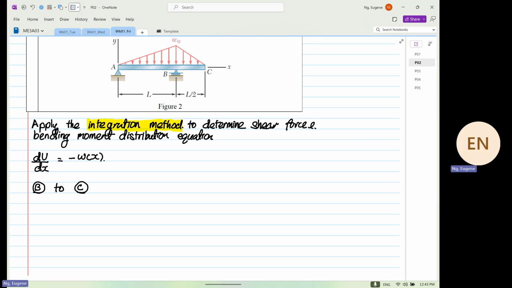To point C, i.e., we have to highlight the limits that these sets of equations will only work for L < x < 3L over 2. Always remember the geometric datum is always on the left-hand side of our structure, and over here, this is our x value.